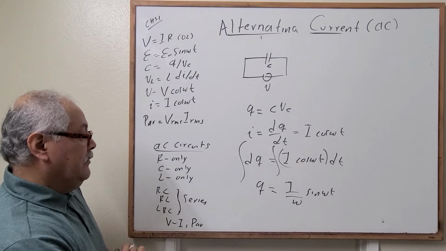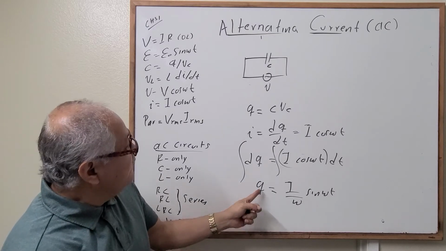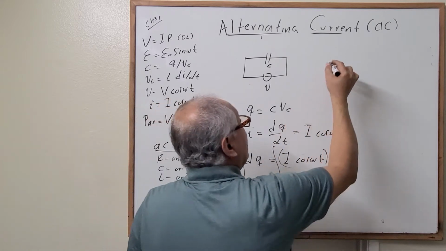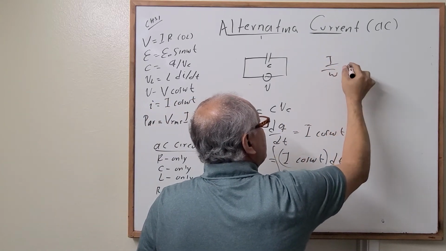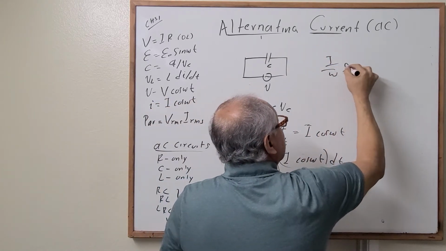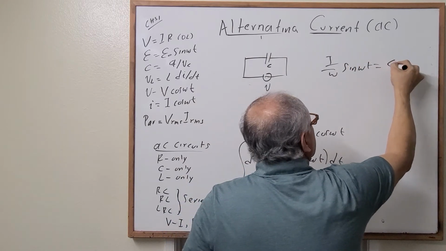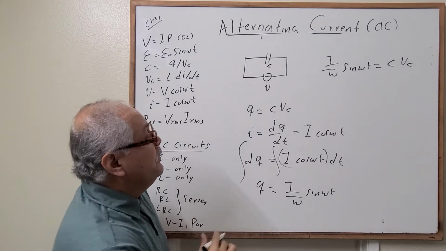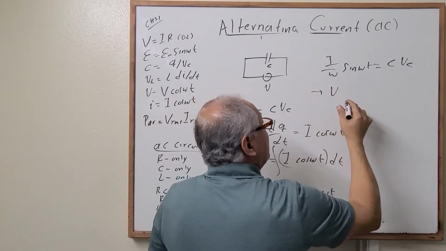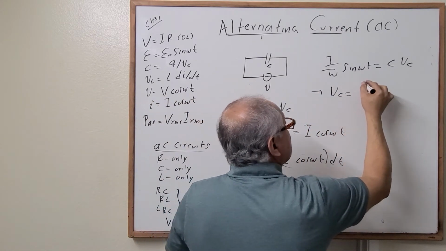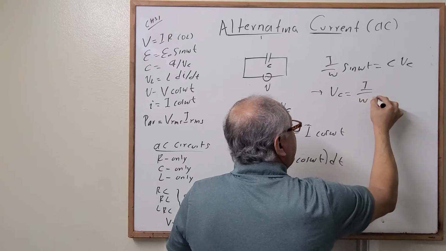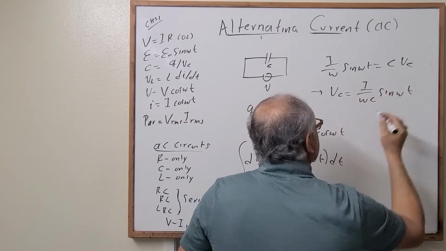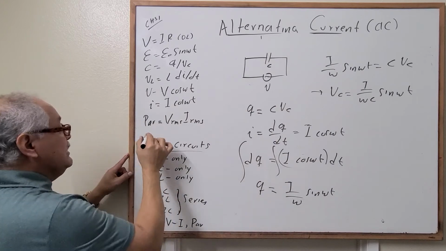Perfect. Now let's substitute this value. We have that current over omega times sine omega t must be equal to C times the voltage of the capacitor. From here we solve for the voltage of the capacitor: it is equal to current over omega C times sine omega t. Great.